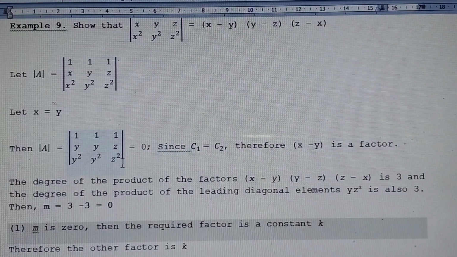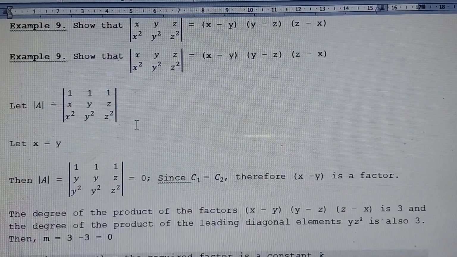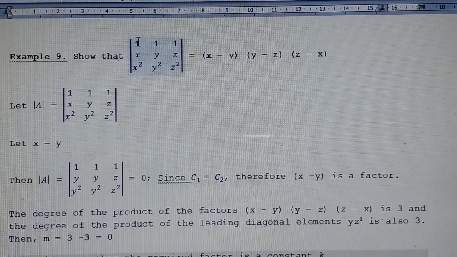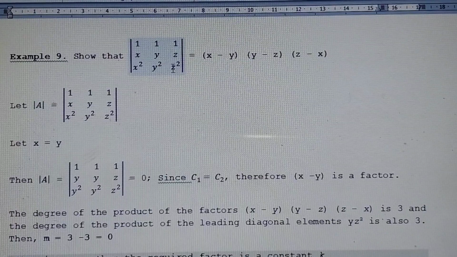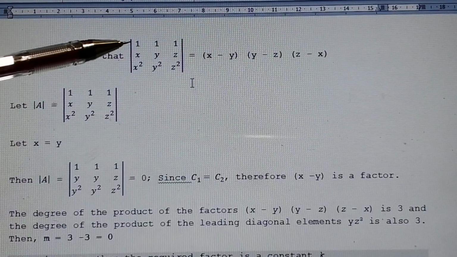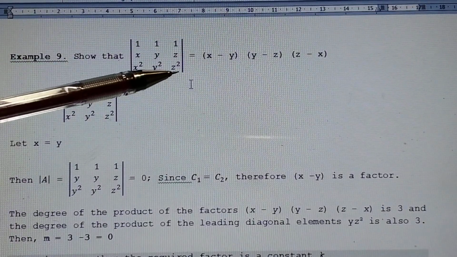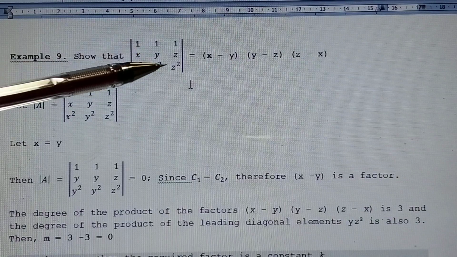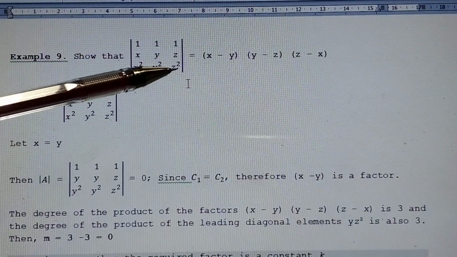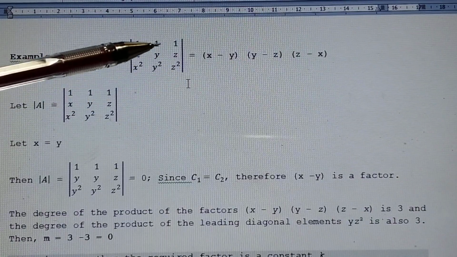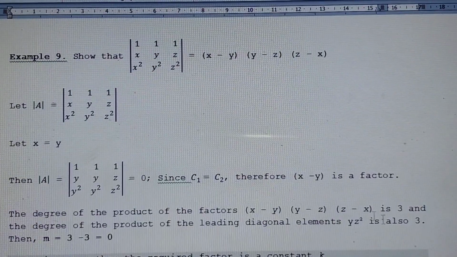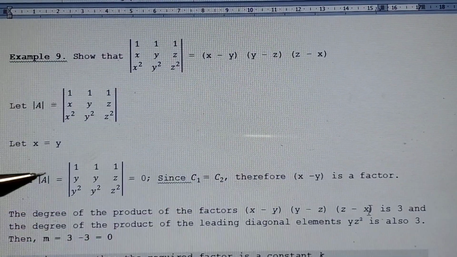Kaya dito, yung diagonal na to, originally, 1 multiplied by y multiplied by z squared. So pag pinag-multiply mo yan at inadd mo yung kanilang exponent, that is 2 plus exponent ng y ay 1, that is 3. Ayun, kaya ang degree daw nun ay 3.